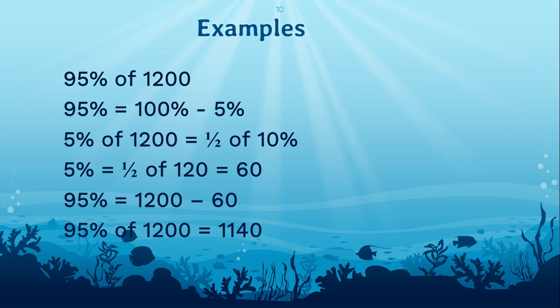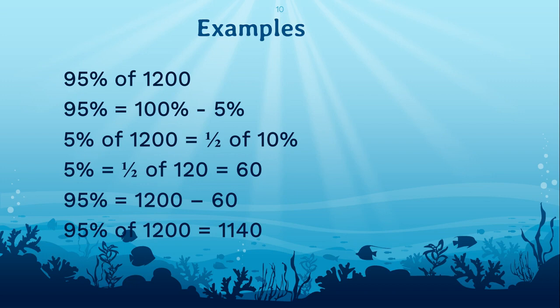What we need to solve for is 5%. So what is 5%? It's just equal to half of 10%. So we need to find 10% of 1200, moving the decimal point once to the left. 10% is equal to 120, and half of 120 is 60. Hence 60 is 5% of 1200.